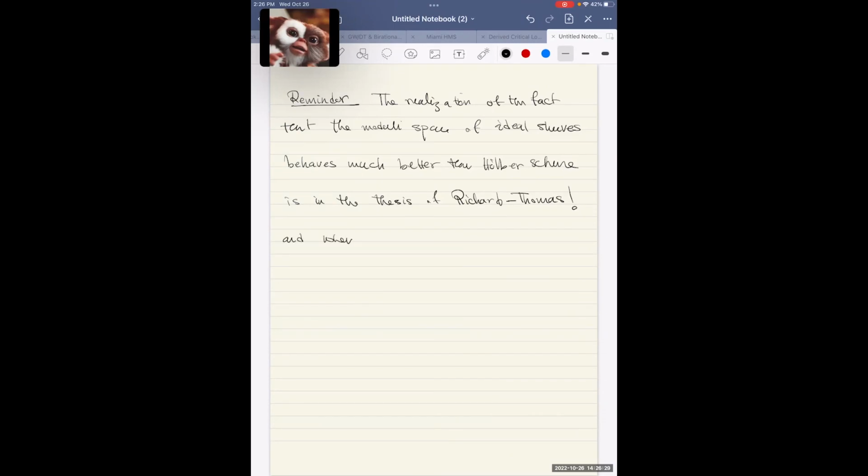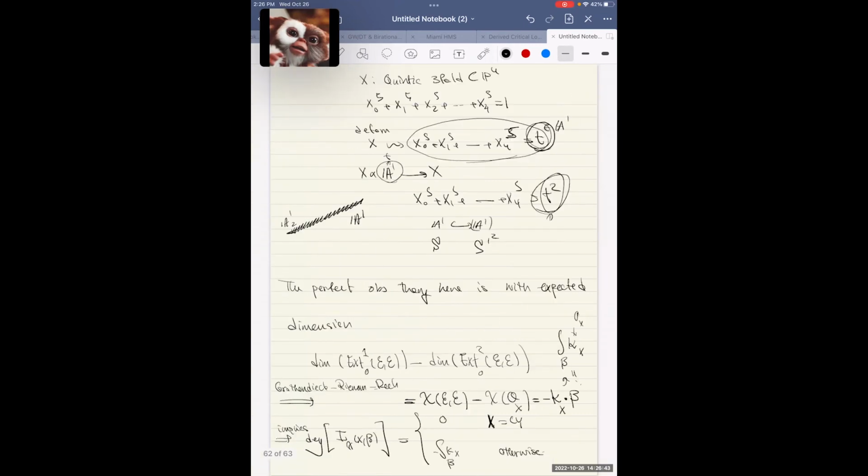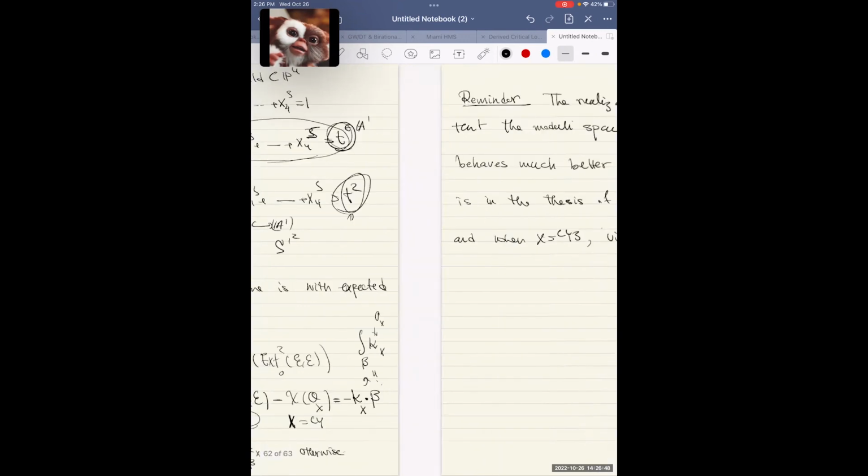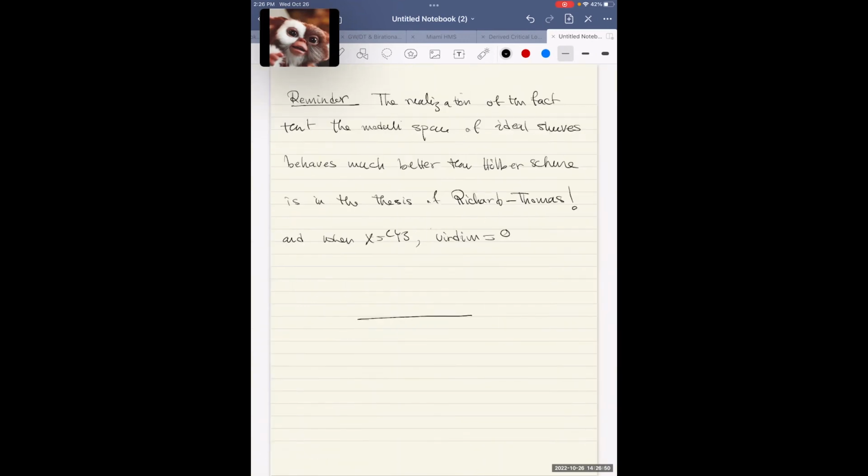When X is Calabi-Yau 3, the degree of the virtual dimension, which is the degree of the virtual cycle, is equal to 0 because of this formula. What this implies is that I have the moduli space I_chi(X, beta), and I have a well-defined suitable obstruction bundle on it.